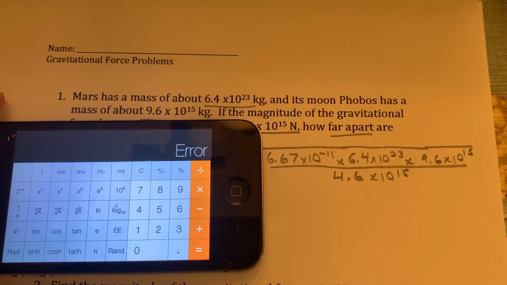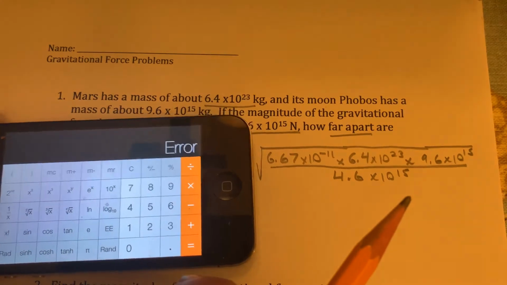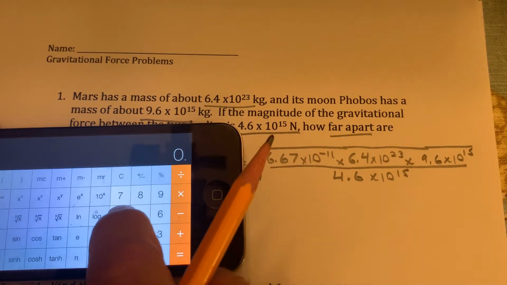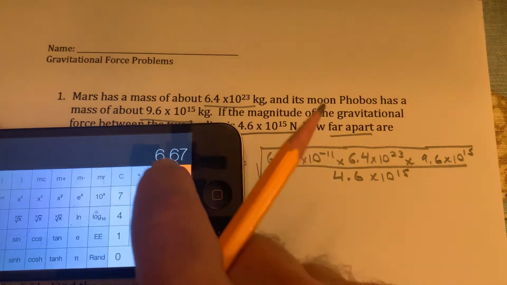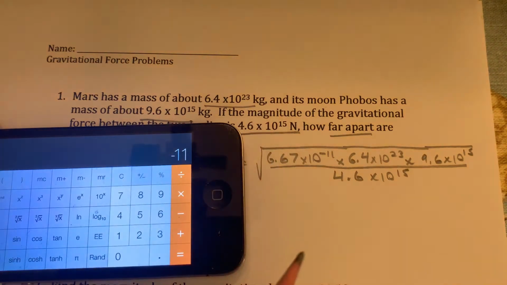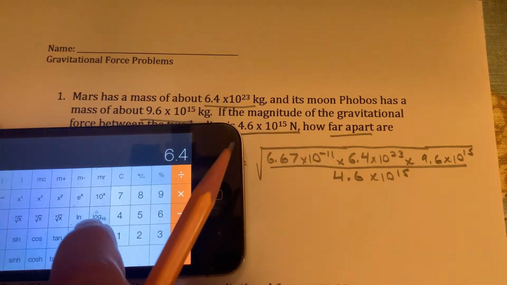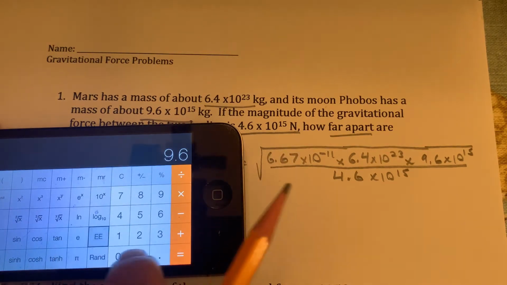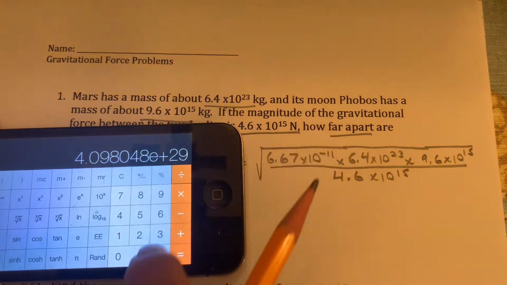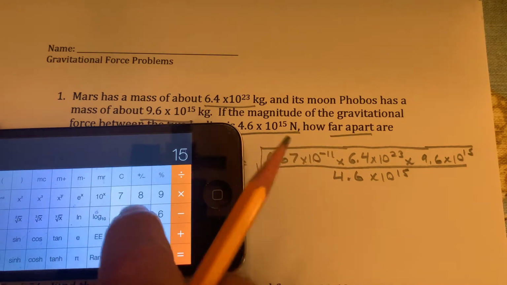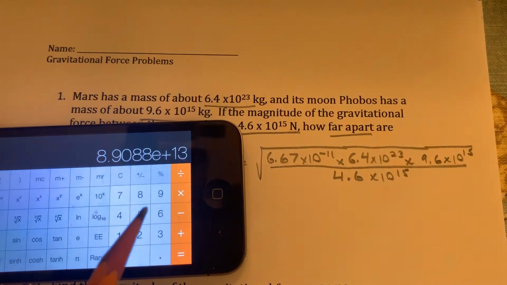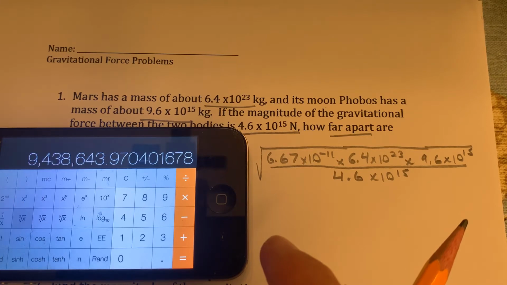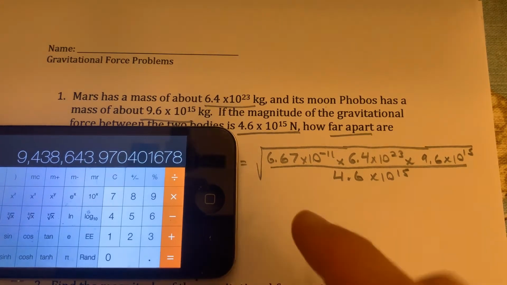So we'll hit that button, and we get an error. Well, let's try this again.